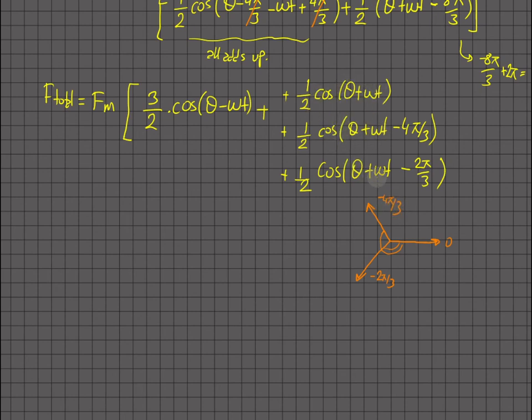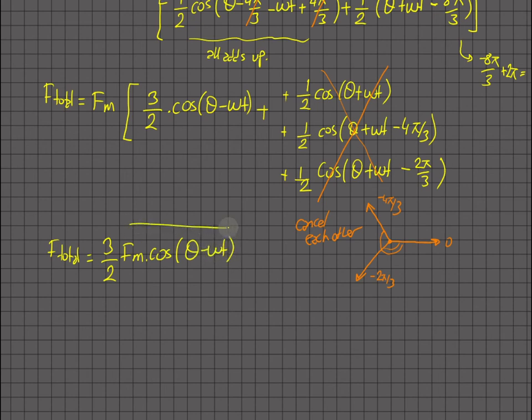If you add all those three terms, or think of them as phasors, they all cancel each other. So those terms are gone. What we are left with is F total equal to 3 over 2 Fm times cosine theta minus omega t. That is the resultant vector mathematically.